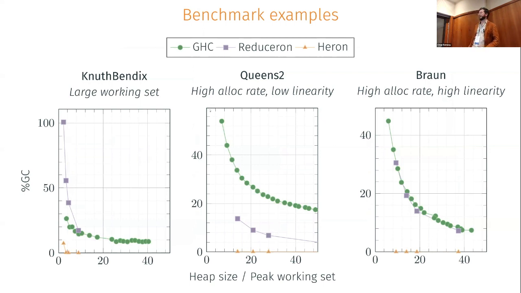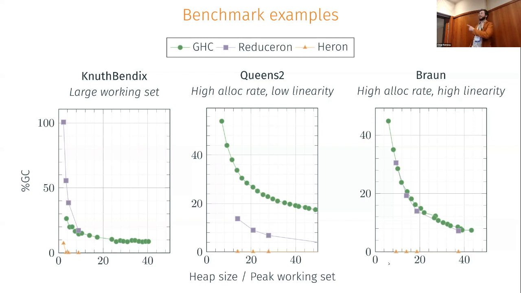And our own is actually hiding down here. So as long as our heap size is big enough versus the peak working set, there are situations where we never pause the reduction. We do spike up a little bit at the end, but nothing compared to the other 2.